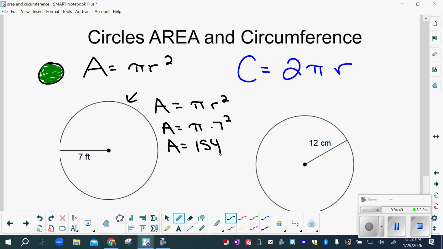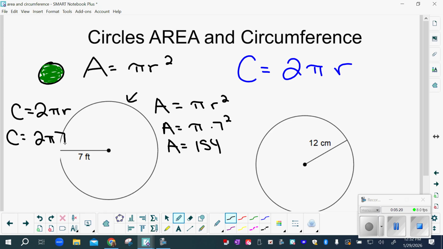Okay, lambs, here we go. Now we're going to try circumference. Even easier. Step 1, write your formula. It's the C one because it starts with a C. 2 pi r. Step 2. There's only one number to plug in, my lambs. It's going to be 2 pi 7, right?